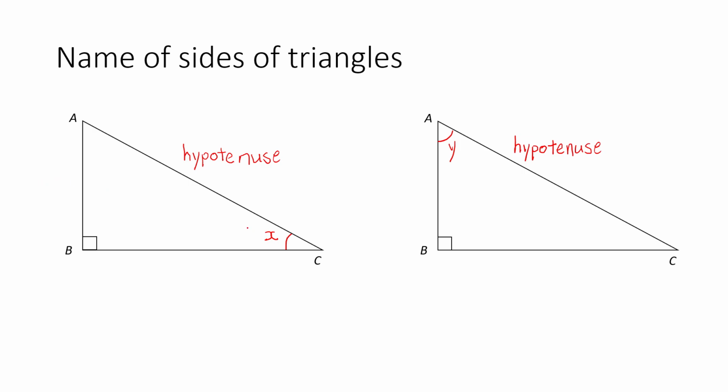So the opposite side to this angle X is called the opposite side. O-P-P-O-S-I-T-E. So this is called the opposite side, while the side which the angle is touching is called the adjacent side. A-D.